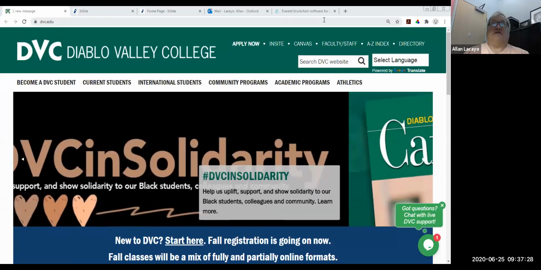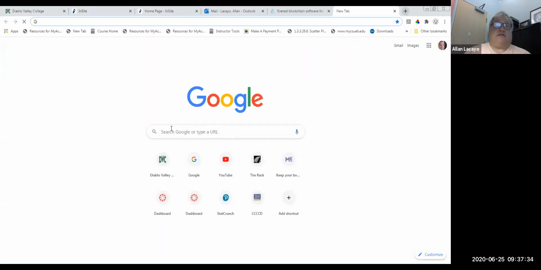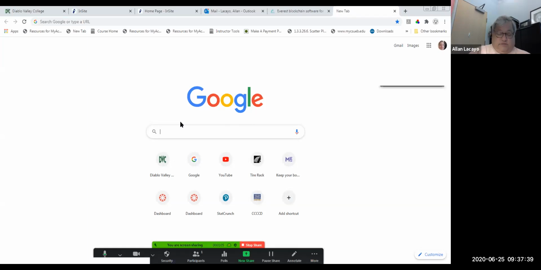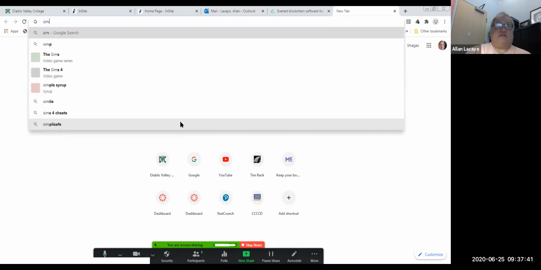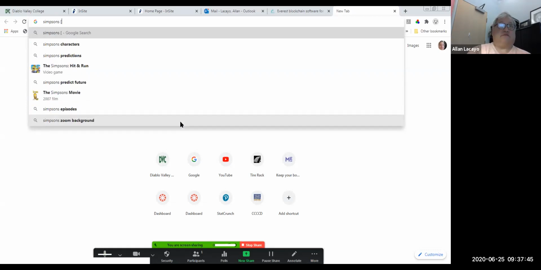So let me start first by introducing a particular situation where we are going to be looking at Google, and we're going to be searching for Simpson's paradox.